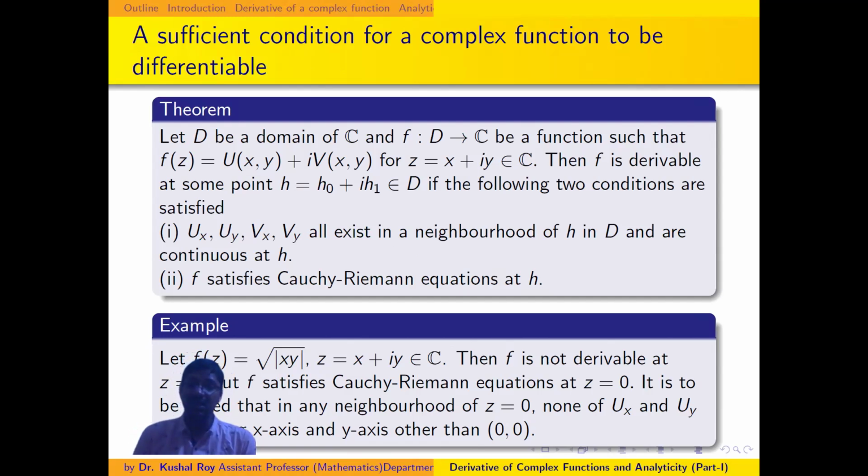Since they don't exist along the x and y axis in any neighborhood containing z equal to 0, that means any open subset of C containing z equal to 0, it is an open ball and therefore it contains some part of the x axis and y axis, but u_x, u_y don't exist along the x axis and y axis. Therefore, it is very much clear that it cannot be derivable.